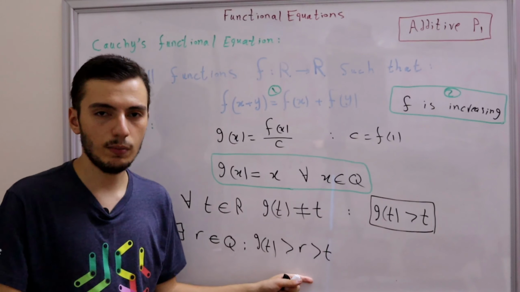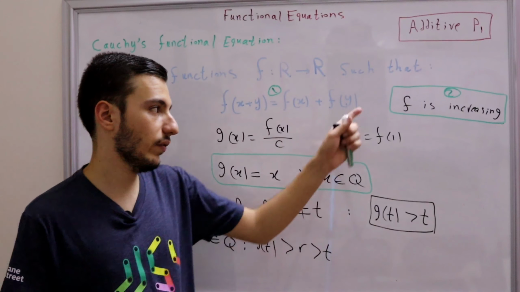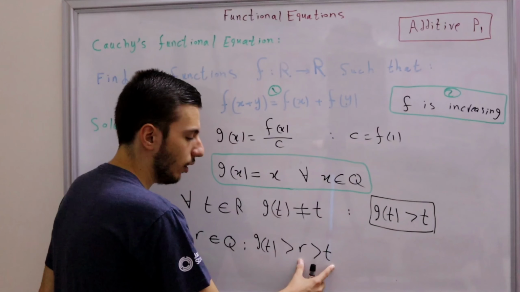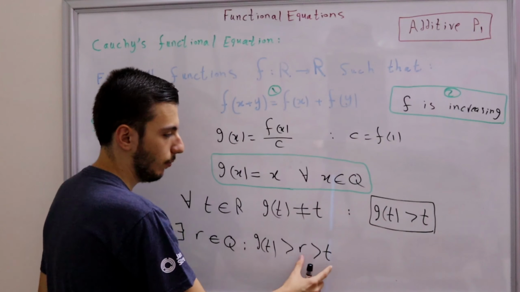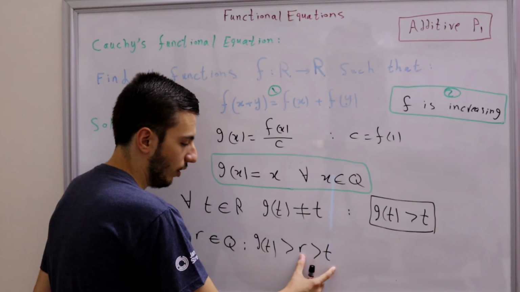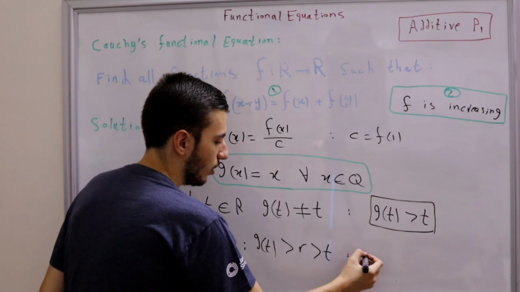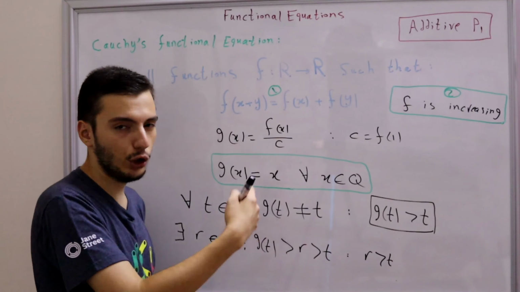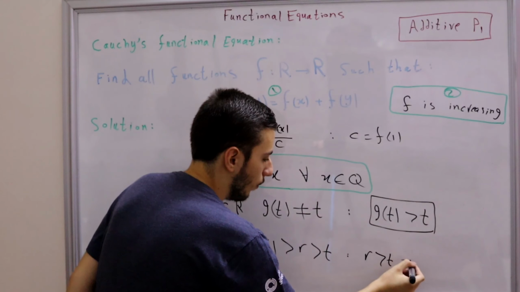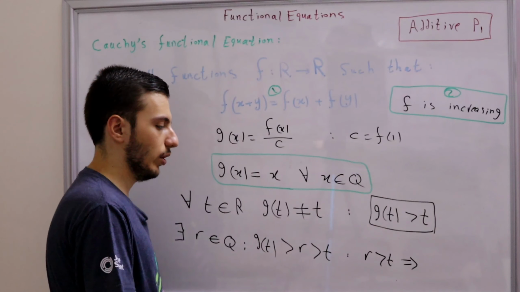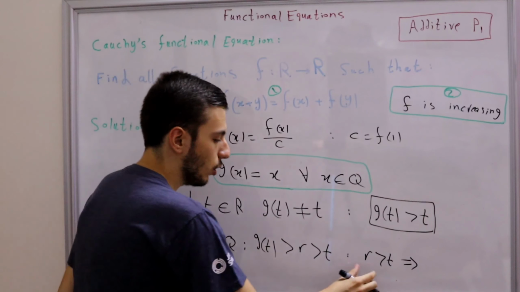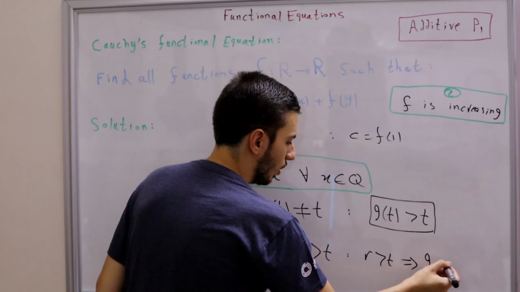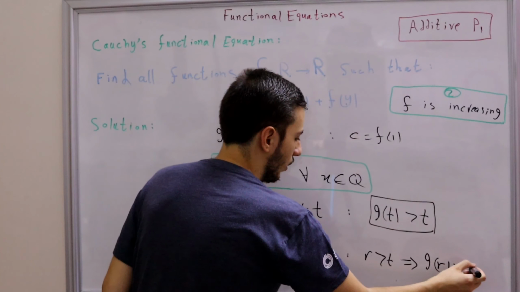Okay, why is this important? Well, remember we have the condition that f is increasing. So since r is greater than t, and f is increasing, that means g is increasing as well, or maybe decreasing, but we can discuss it in the same way. So if r is greater than t, that means g of r is greater than g of t.